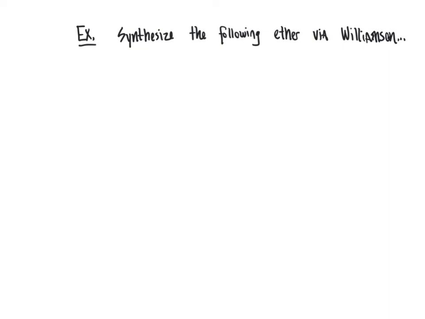So let's go ahead and try to synthesize the following target. So we're going to try to synthesize this particular ether molecule. And in synthesizing this ether molecule, we have to think backwards about how we would go about doing that.